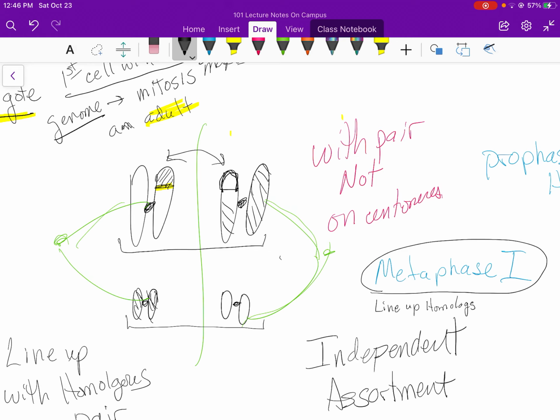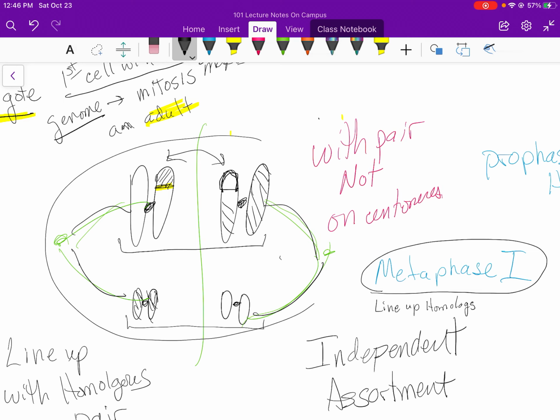That's super important because that means these spindle fibers can attach like this, and of course this is all meant to be inside a cell, so I can make a cell membrane on the outside. But that means that now there will be separating of the homologues. So when you're making sperm cells or egg cells, the first step that happens is they line up with their homologue and they get separated.